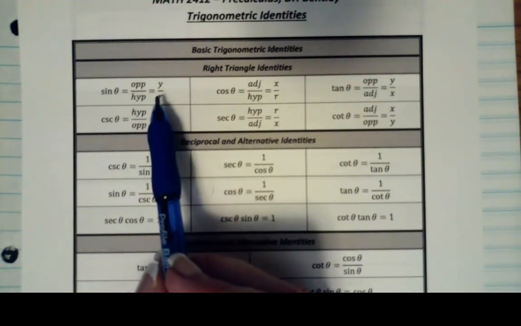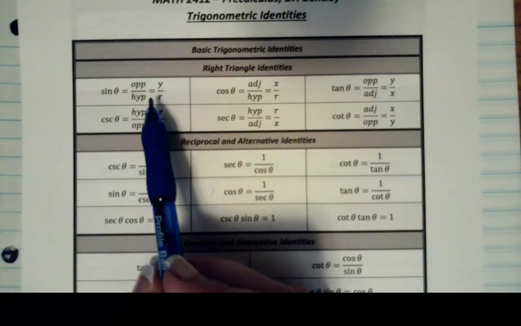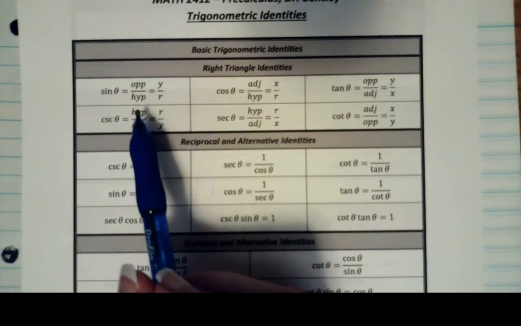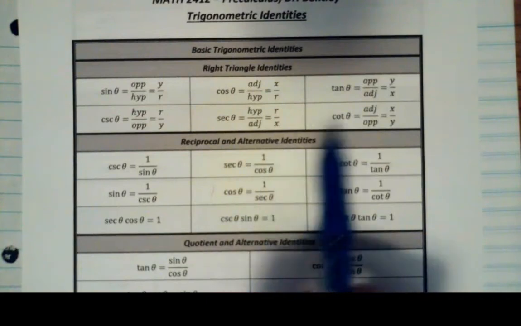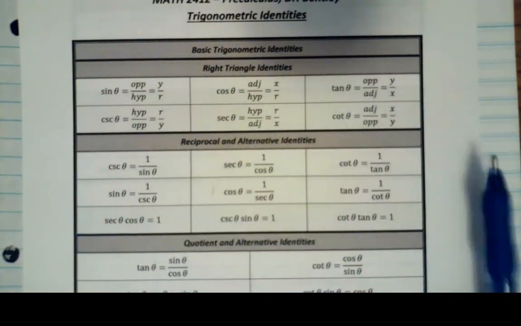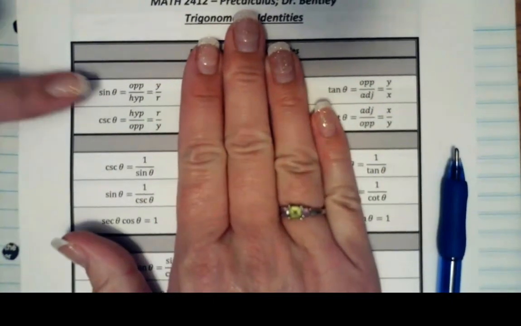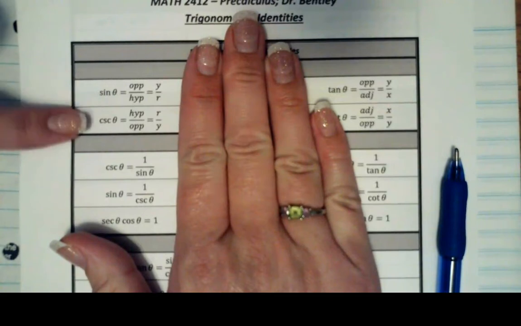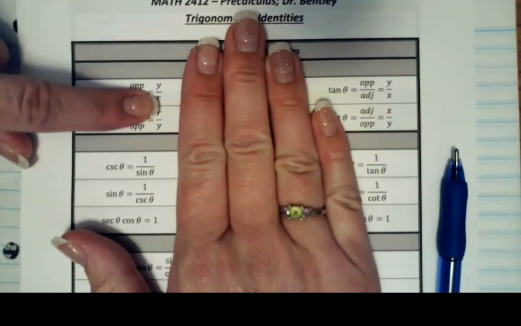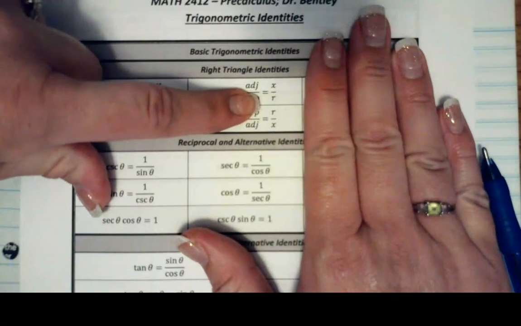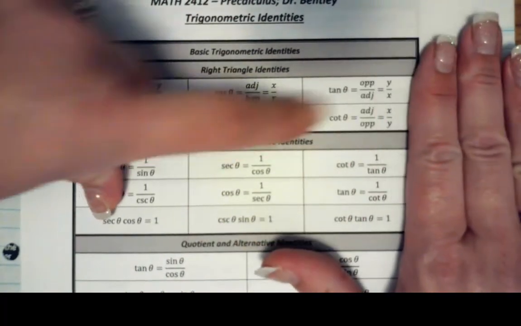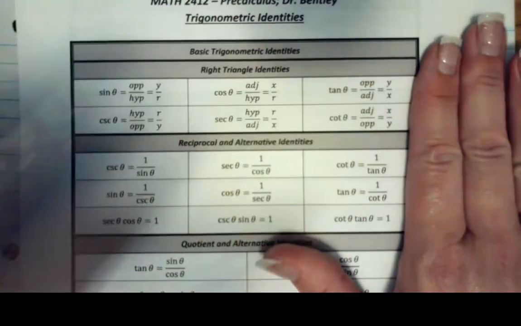I used r for radius, and we're going to learn more about that later. Just recognize that r is the same thing as your hypotenuse right now. Okay, so I've got cosine is adjacent over hypotenuse. I've got all this stuff typed up, and if you will notice, I put the reciprocals on top of each other. So this is y over r, this is r over y. Okay, this is x over r, r over x. This is y over x, x over y.